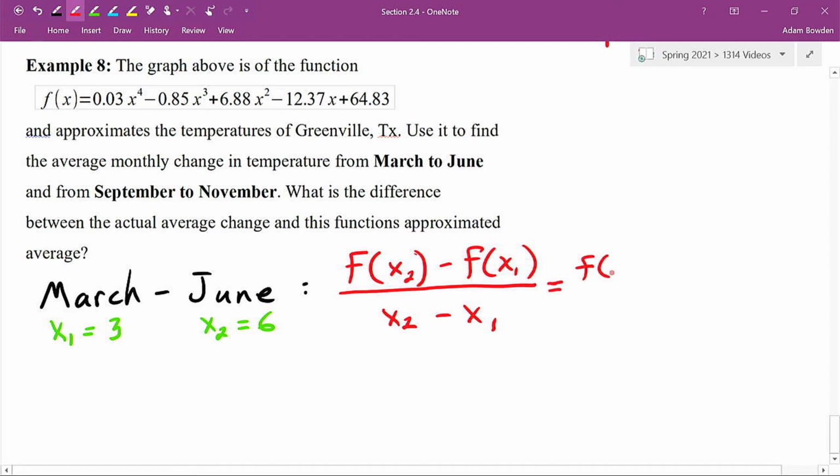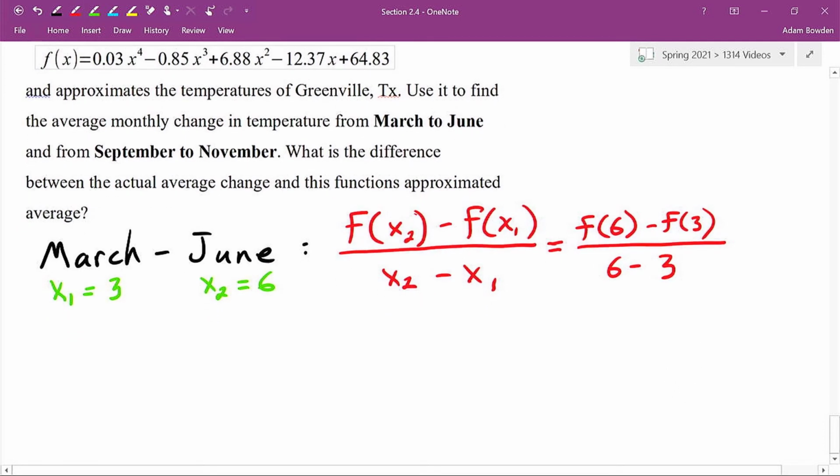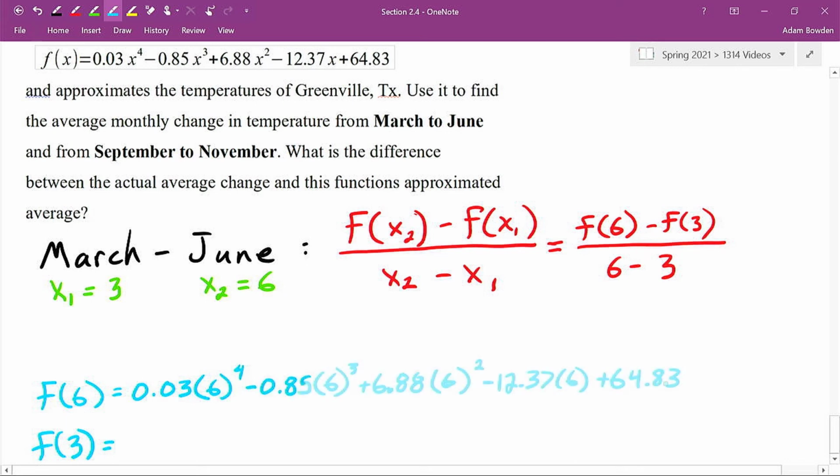In the average rate of change formula, it would go f of 6 minus f of 3 divided by 6 minus 3. Now the awkward part here is calculating f of 6 and f of 3. I'll go ahead and plug them in so you can see what they would look like inside the function when we have to calculate them. So if I do f of 6, this is what it's going to look like.